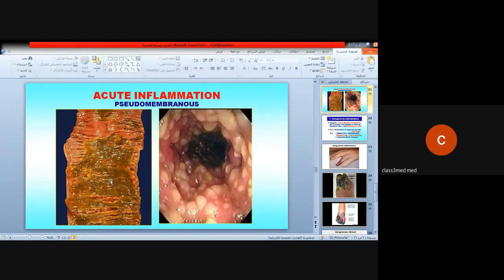It occurs as a side effect of intake of the antibiotics clindamycin and lincomycin, which cause overgrowth of normal bacterial flora such as Clostridium difficile. This flora becomes pathogenic and causes inflammation of the mucosa of the colon with production of pseudomembrane.